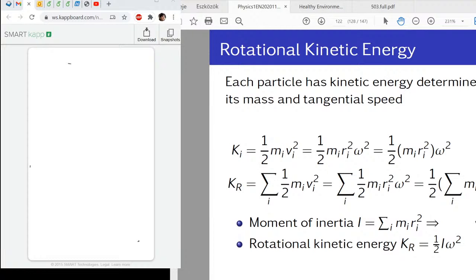So perhaps you remember calculating, for example, the rotation kinetic energy for a cylinder rotated along the longest axis.